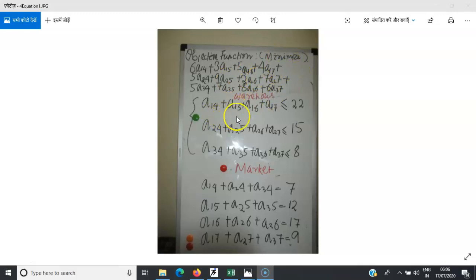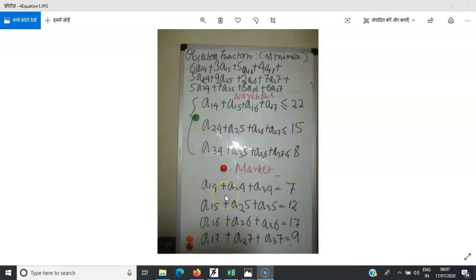The warehouse constraint: warehouse 1 can supply to market points 4, 5, 6 and 7 a total amount of 22, warehouse 2 can supply to market points 4, 5, 6, 7 a total of 15, and warehouse 3 can supply to market points 4, 5, 6, 7 a total quantity of 8. And these are the market constraints.